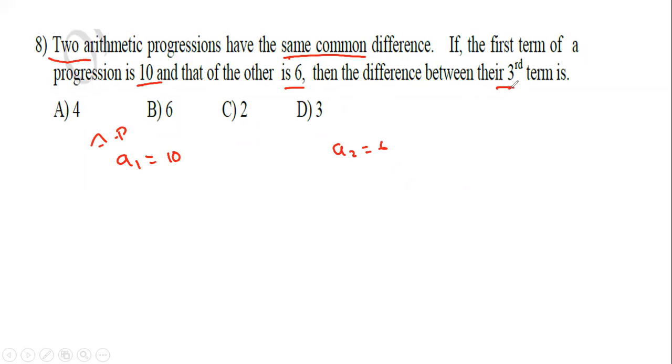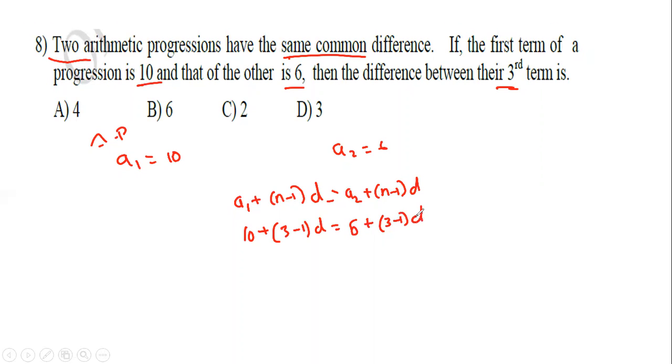Difference between the third terms. So here a1 plus n minus 1 into d, because d is the common difference, same as given. Again here the first term is changing, a2 plus n minus 1 into d. Now substitute the value of a1 is 10 plus third term, n value becomes 3, 3 minus 1 into d is equal to a2 is 6 plus n value is again 3 minus 1 into d.